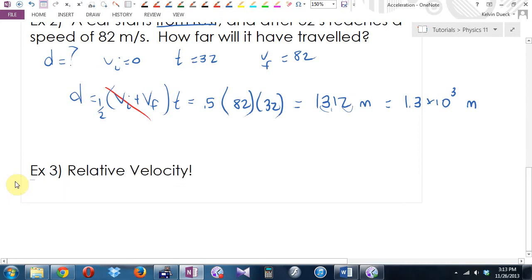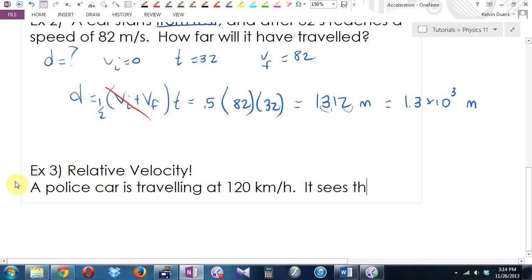Relative velocity. What kind of a relative velocity question am I going to throw at you? Well, how about something like a police car is traveling at 120 kilometers per hour.